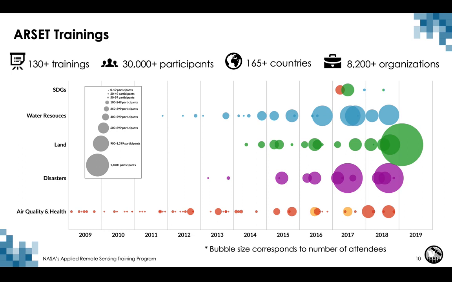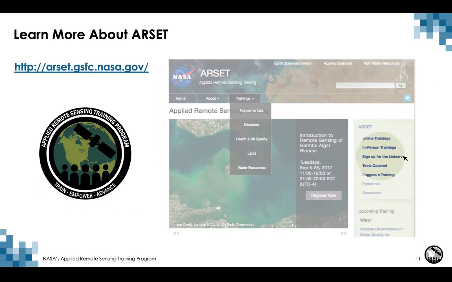There has been a marked increase in the number of participants over the past 5 years. Regardless if this is your first training or your 10th, we thank all who participate in our webinars to learn more about how NASA Earth observations and Earth science can be used for better decision making. To learn more about RSET, please visit our website where you have access to all the previous trainings and materials.